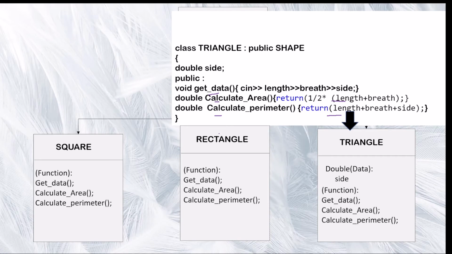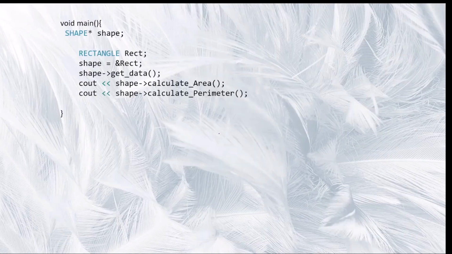So now we have written the code for the base class and the derived classes. Now we can write the code for the main function to access these. In the main function, the first line creates a single pointer for the base class.